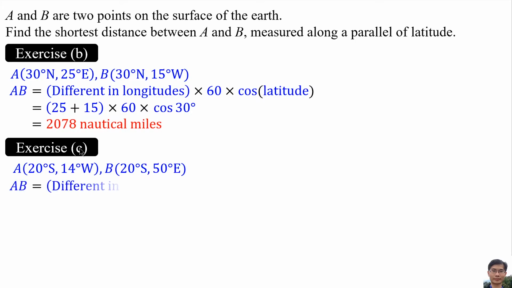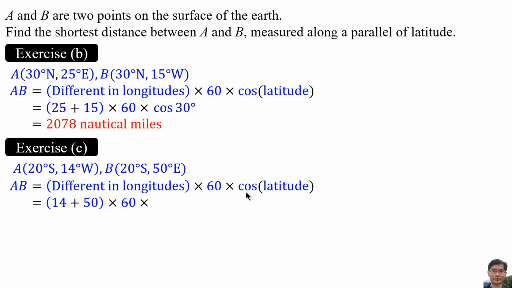Exercise C, same formula, difference in longitude, west and east, different directions, so add both angles. Times 60, and then times cos latitude 20 degrees, so we get 3608 nautical miles.